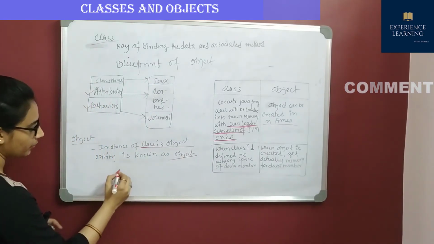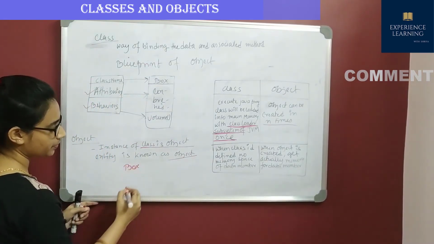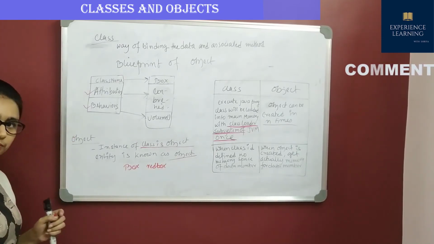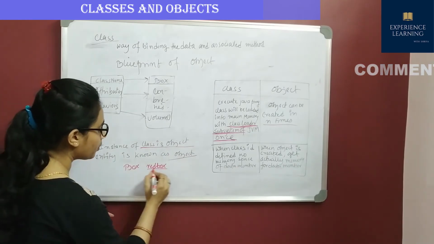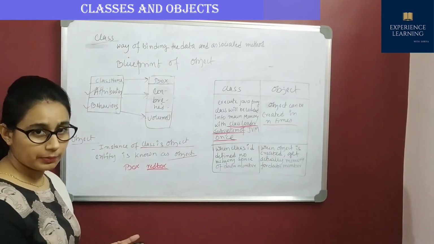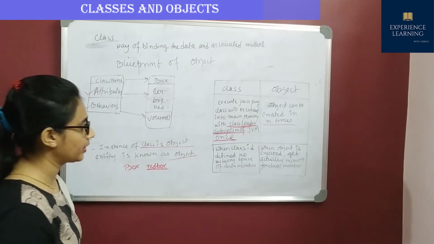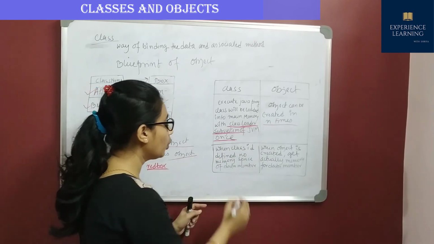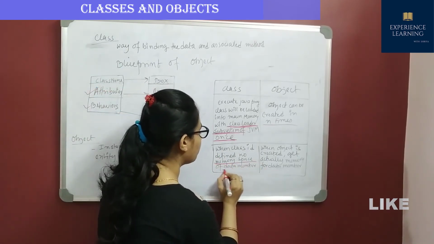For example, when I write box red box, this red box is the object, the class variable. You can also say this is a class variable. Now see one thing: when the class is defined, no memory space is allocated for data members.